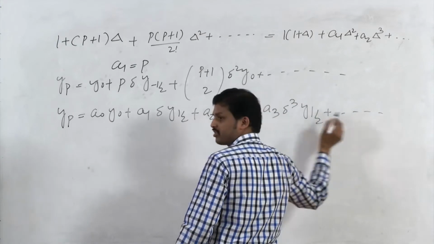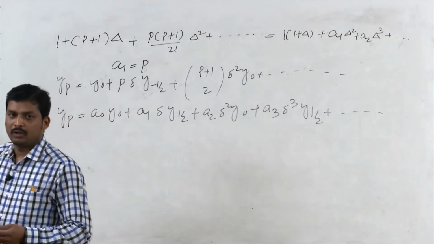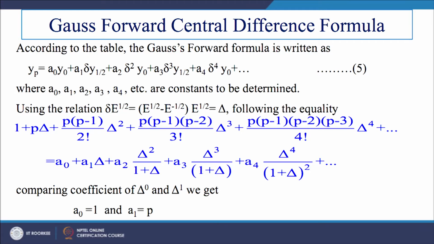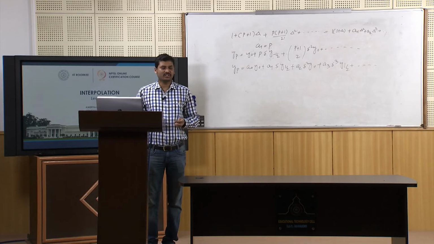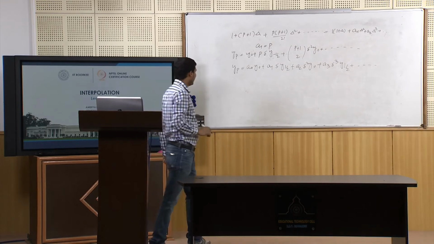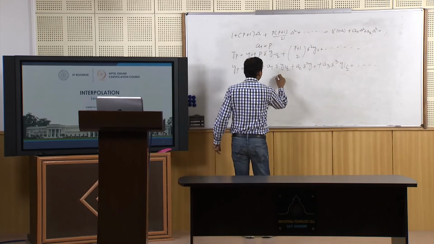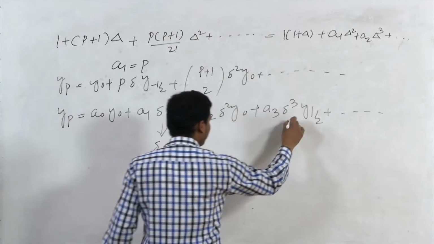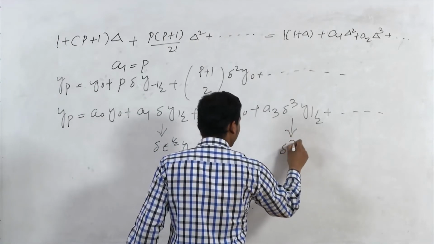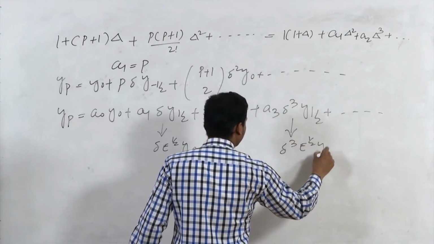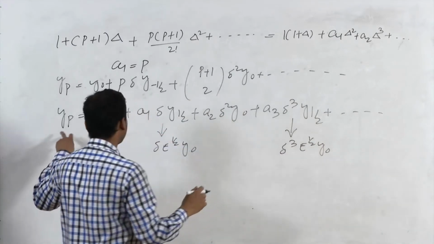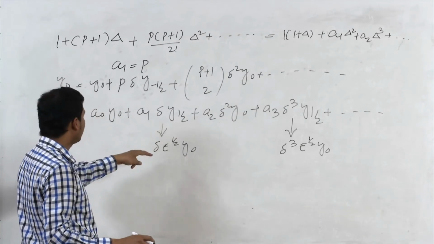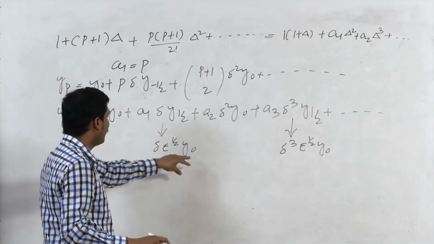So, likewise we can write, where these coefficients a0, a1, a2, a3 are to be determined, and if you use the same relationship here, this coefficient we can replace with delta e to the power half of y0, and this coefficient can be taken as delta cube e to the power half of y0. Then we can express both the sides in the form of the forward difference operator as the coefficients operated on y0 there.